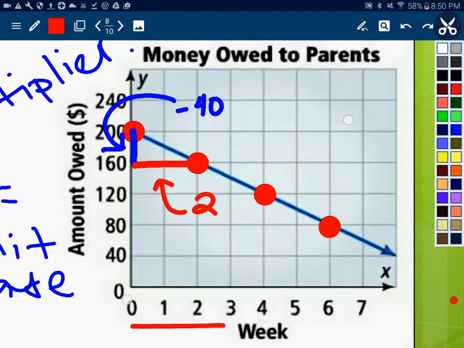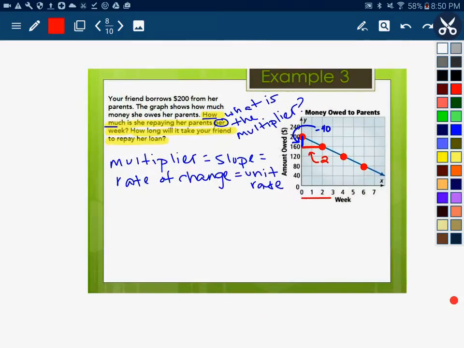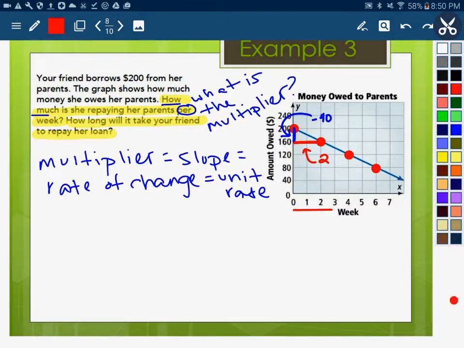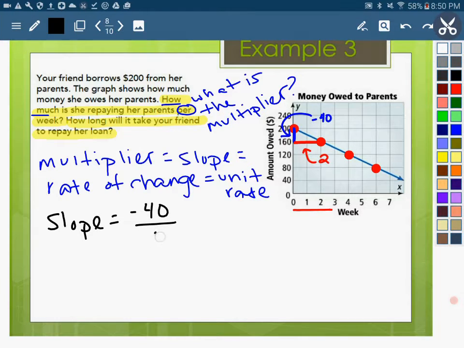So now I'm ready to create my slope, my rate of change, my unit rate, whatever you want to call it, since they're all synonyms. So my slope is equal to rise, which is -40, that's the up and down value, over run, which is 2, that's the left and right value. Again, we should always reduce. -40 divided by 2 is -20.